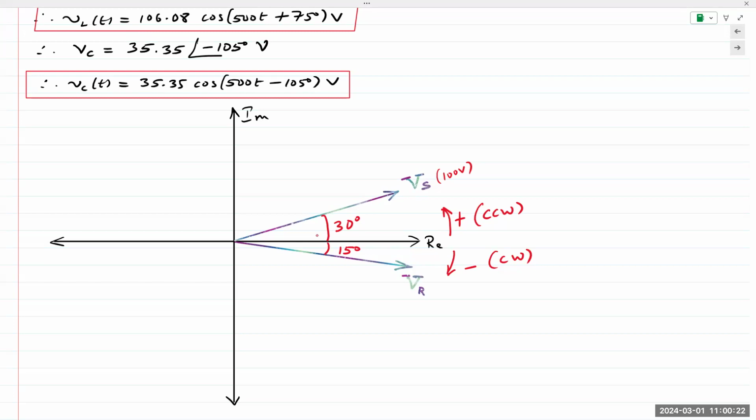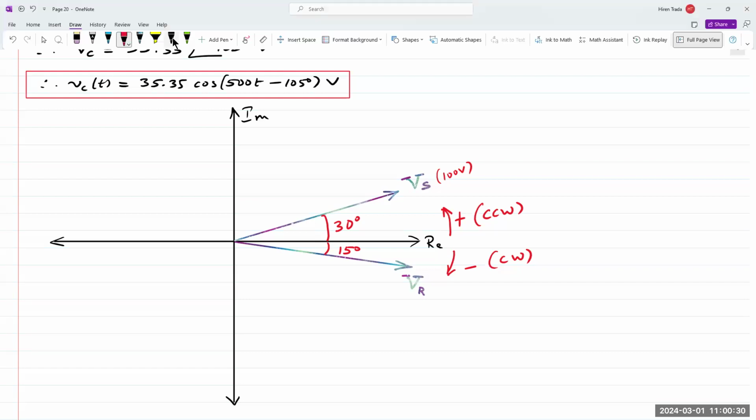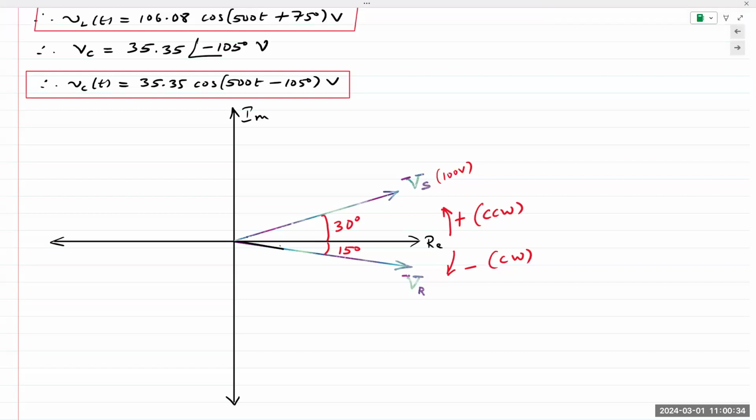Then current I for a resistor, if you remember, there is no phase difference between the voltage and current. So current I also has a phase of minus 15 with a magnitude of just 2. Yes.